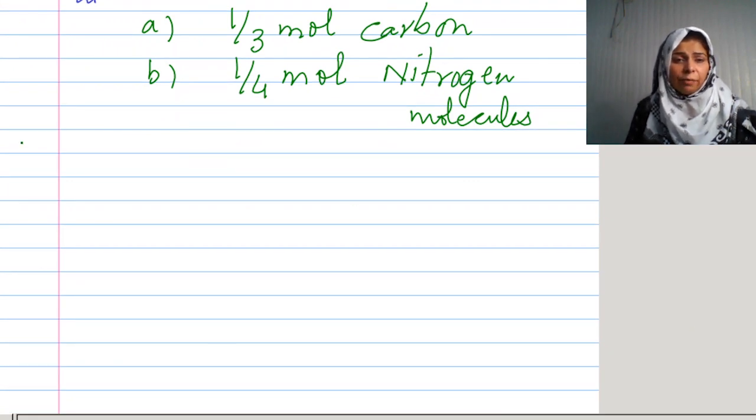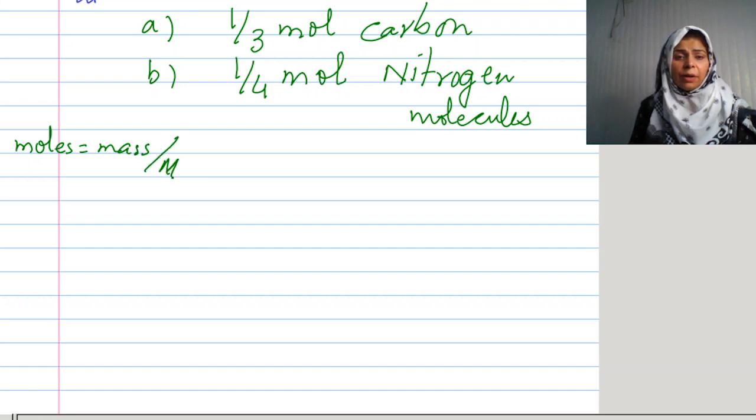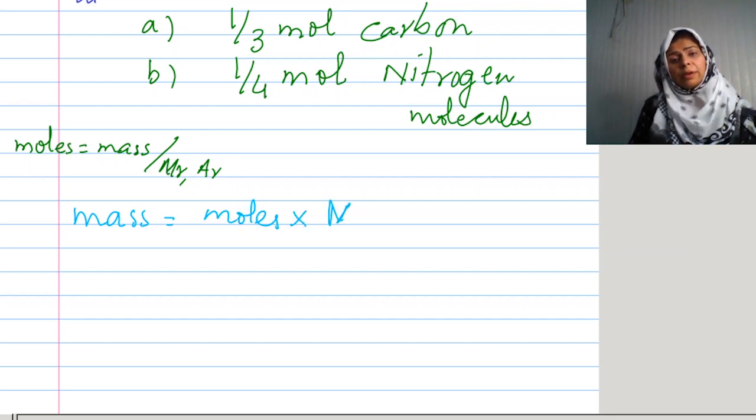If we have moles is equal to mass over Mr or Ar, then if we have to calculate its mass, what will we do? Mass is equal to moles into Mr or Ar.